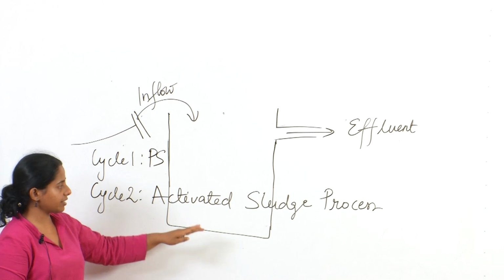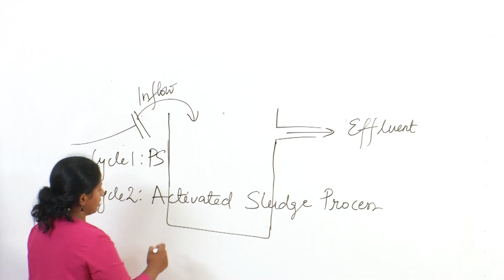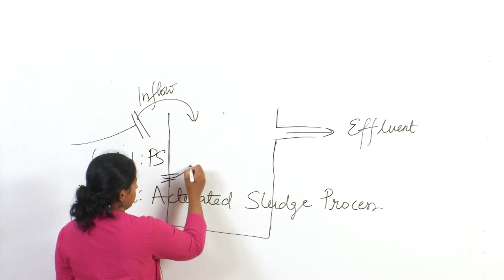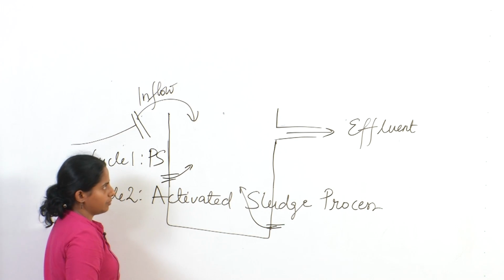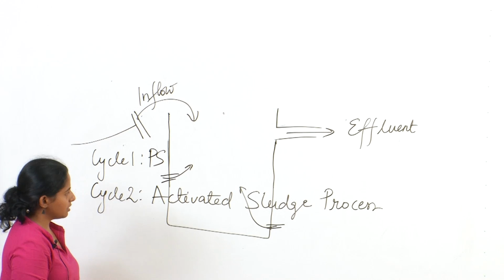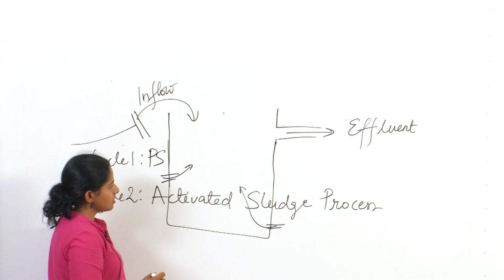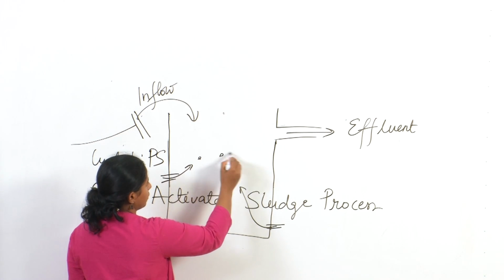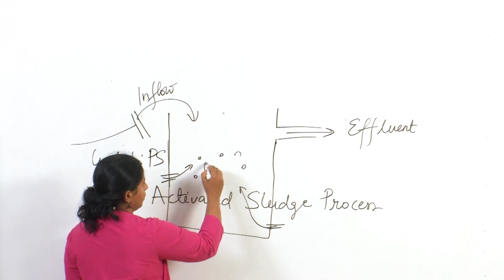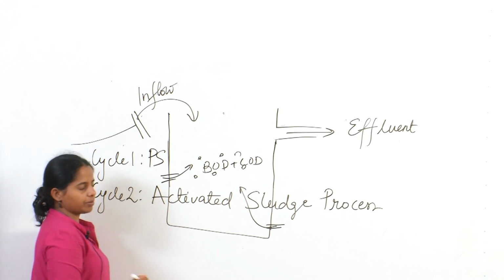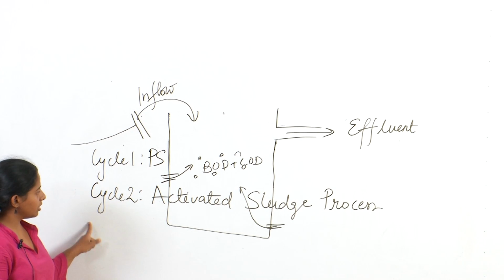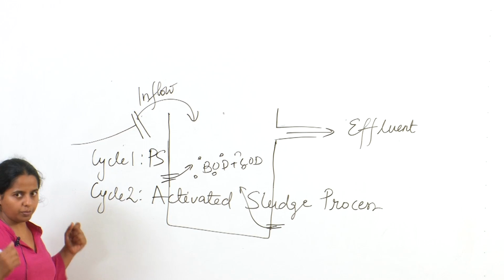Here there are aerators, and the aerators will blast air into the supernatant of the primary settlement process, and then the microbes will eat all the waste. BOD and COD will be consumed, however much the microbes can eat in their cycle. So for a certain amount of time the activated sludge process would be allowed.